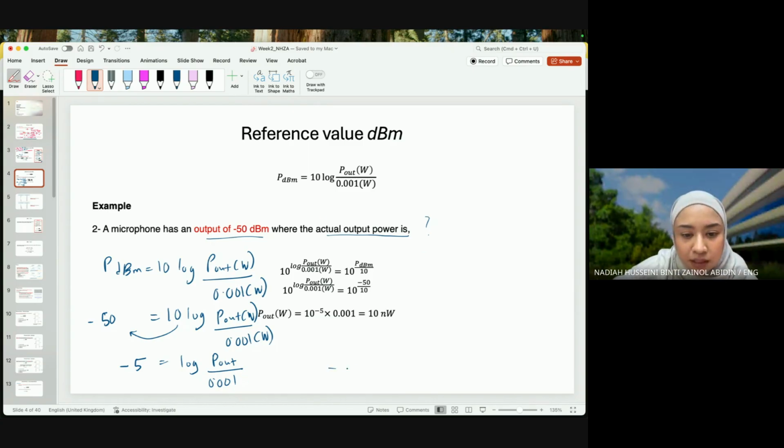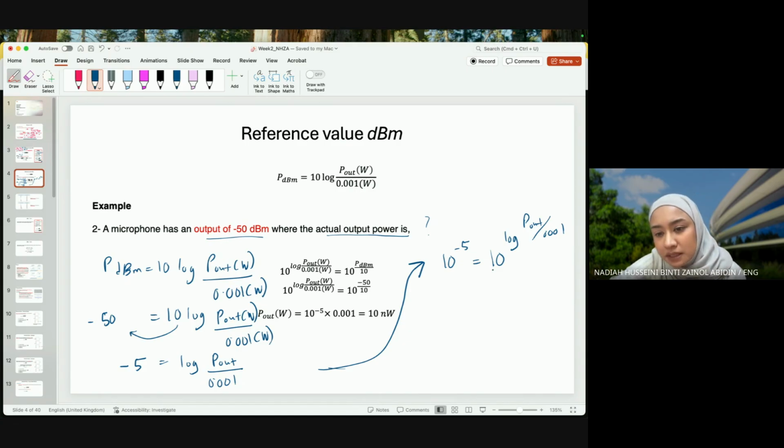So we do the exponential on both sides: 10 to the minus 5 equals 10 to the power of log P out over 0.001. When we have 10 to the power of log, it basically cancels out, and what you're left with is P out over 0.001.